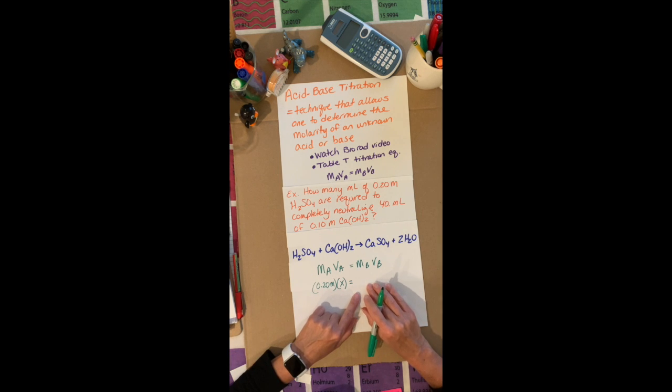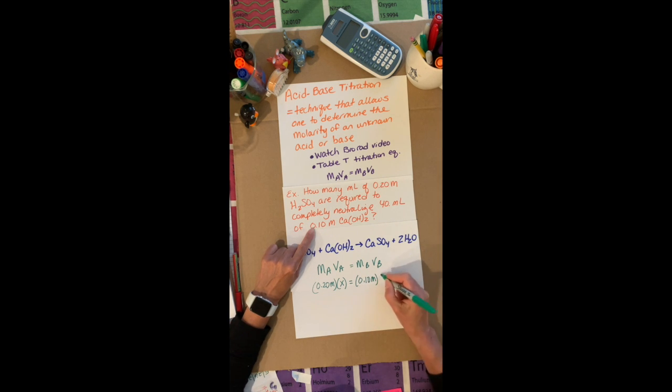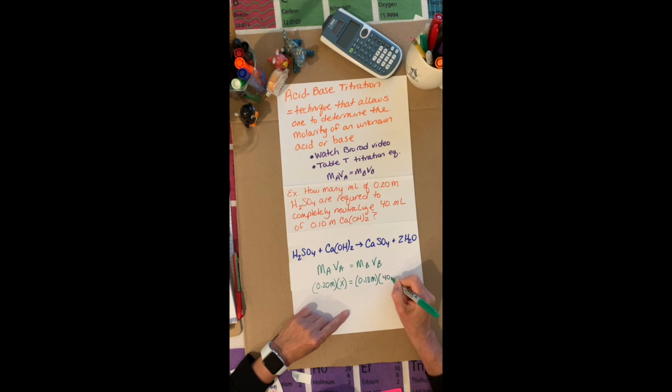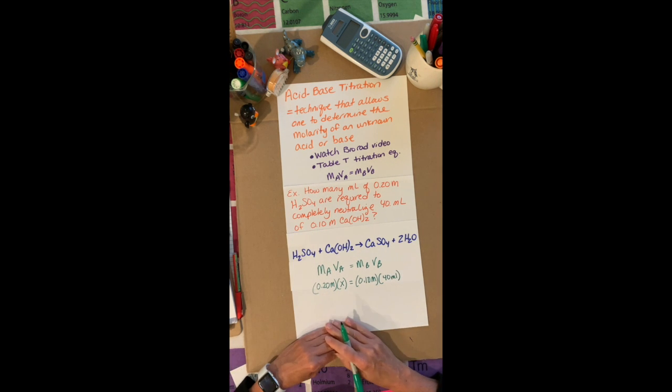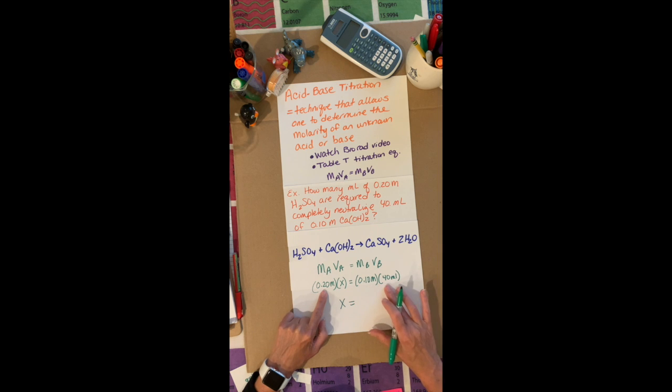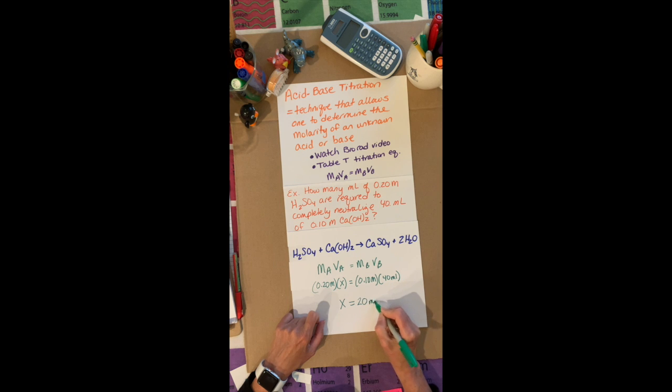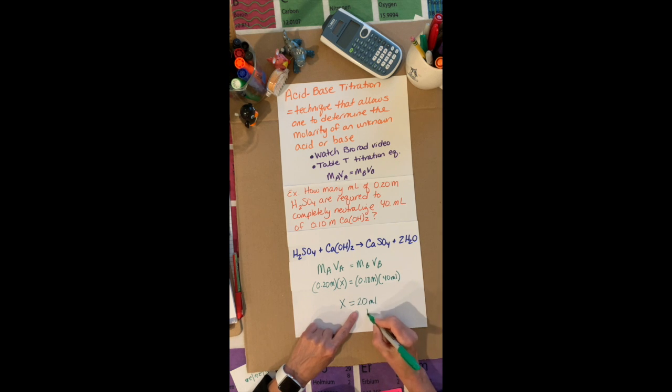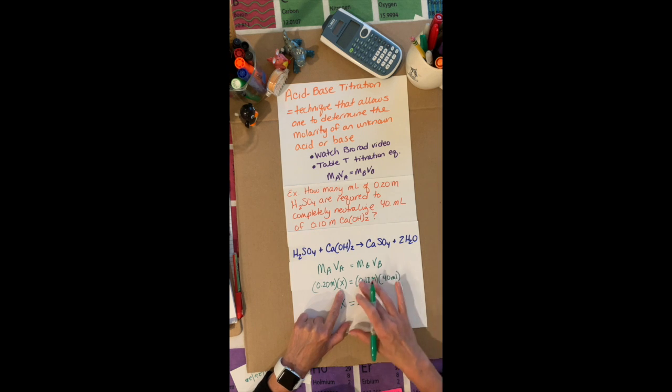The molarity of the base is 0.10 molar, and we know the volume is 40 milliliters. Okay, so to solve for x, we divide both sides by 0.20, and we're going to end up with 20 mL of H2SO4 needed to neutralize this quantity of base.